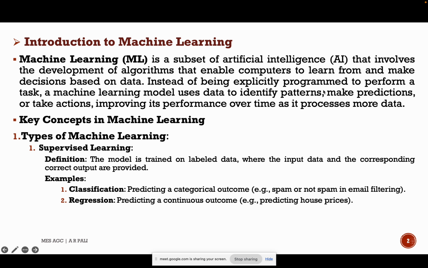Instead of being explicitly programmed to perform a task, a machine learning model uses data to identify patterns, make predictions, or take actions, improving its performance over time as it processes more data.